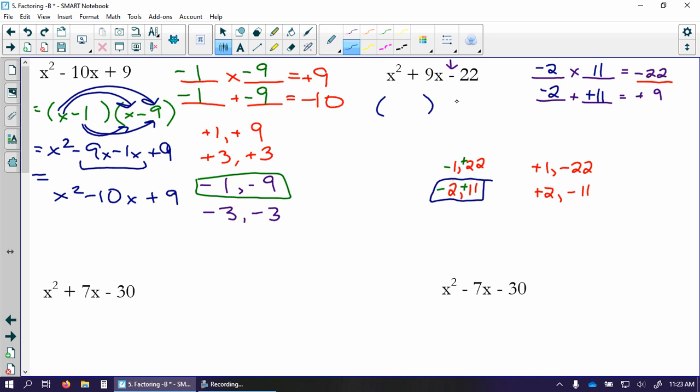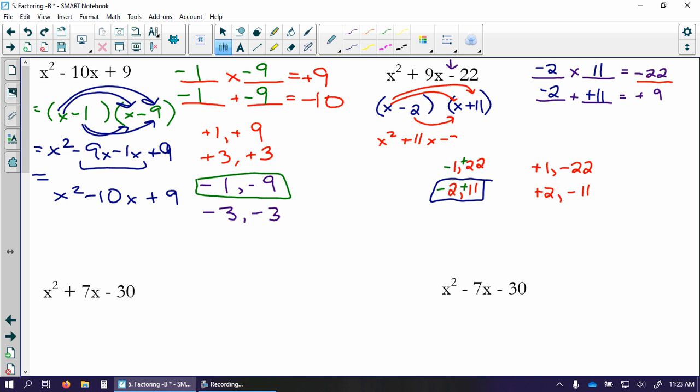So when we break it into our factors, we're always going to start with an x in the front. We have negative 2, and the signs carry through, a positive 11. If I FOIL that out to double check, x times x is x squared. x times 11 is plus 11x.